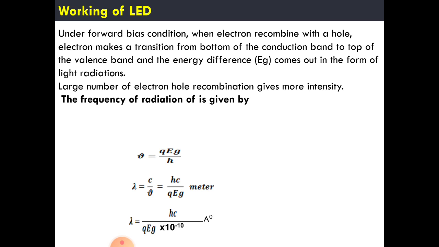Putting the value of frequency of radiation, we get lambda equals hc upon QEg in meter unit. In terms of angstrom unit, we get lambda equals hc upon Q into Eg into 10 raised to power minus 10 angstrom unit.